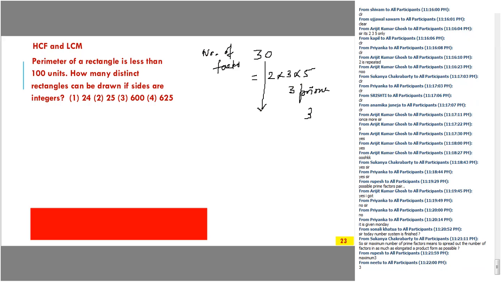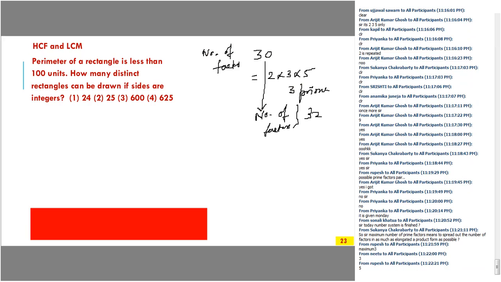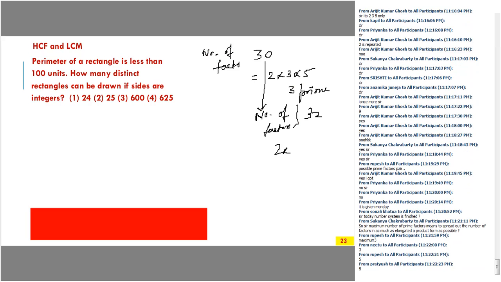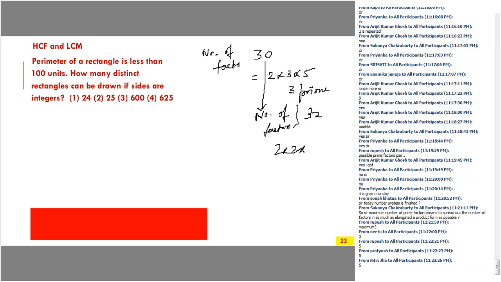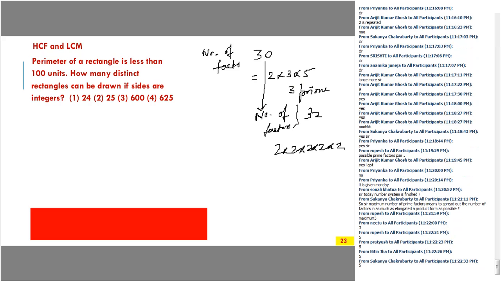Good, Rupesh, very good. If the number of factors is 32, what's the maximum number of prime factors possible? 2 into 2 into 2 into 2 into 2, or not? Are you clear? Sukanya, are you clear?